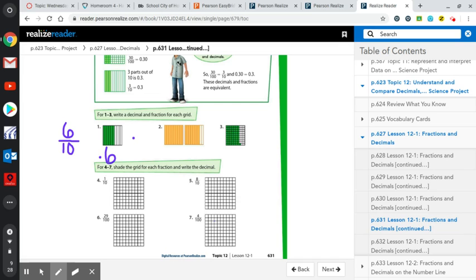Look at number 2, right? You have one whole one, and you have 8 out of 10. So it's 1 and 8/10. Okay? And we don't have to do the fraction for this one because it's an improper fraction, so don't worry about that. So number 3, are you working with 10 or 100?